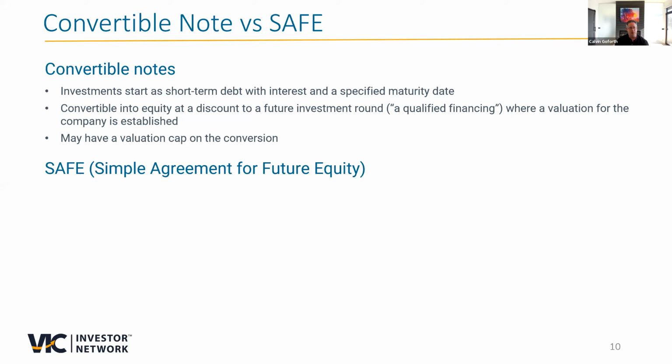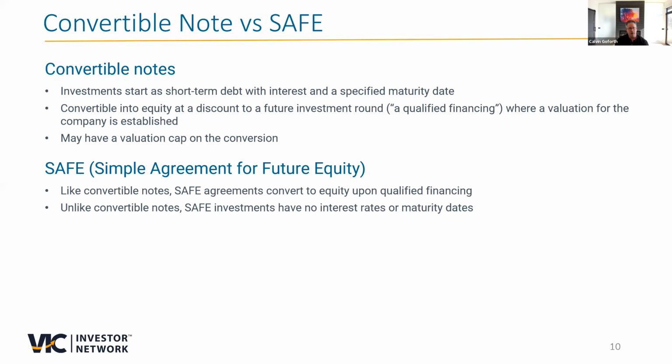The SAFE, again, simple agreement for future equity. Like convertible notes, SAFE agreements convert to equity upon qualified financing. Unlike convertible notes, SAFE investments have no interest rates or maturity dates. Furthermore, there's actually no requirement in a SAFE agreement that a debt is ever converted to equity.